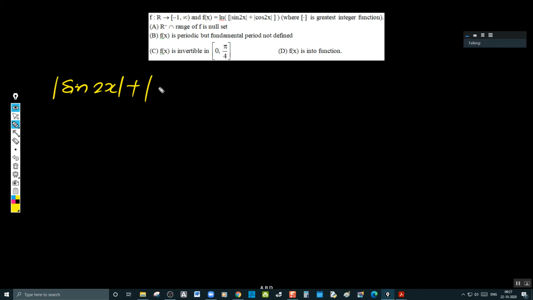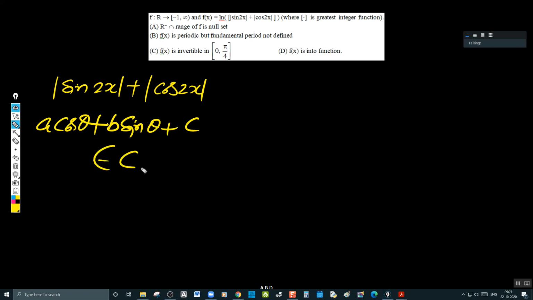It is lying between 0 and 1. It is also lying between 0 and 1. You can make use of that formula. What Dhananjay is talking about is this one: a cos theta plus b sin theta plus c belongs to [c minus root a square plus b square, c plus root a square plus b square].